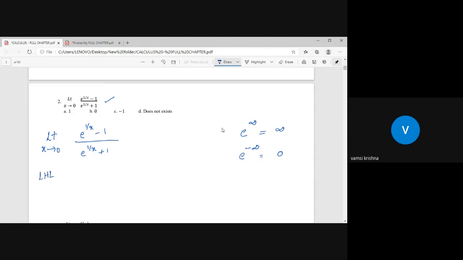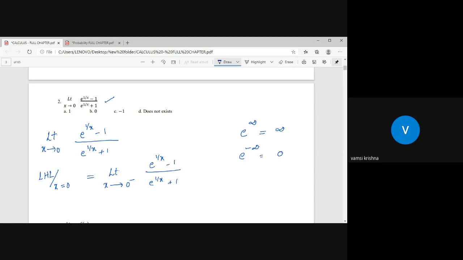Left hand limit at x equals 0 I am doing. Left hand limit at x equals 0, which implies limit x tends to 0 minus of the given function, e power 1 by x minus 1 by e power 1 by x plus 1.